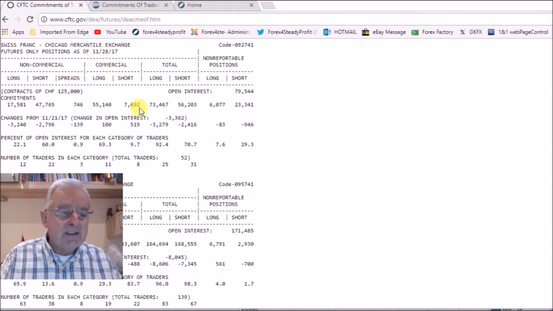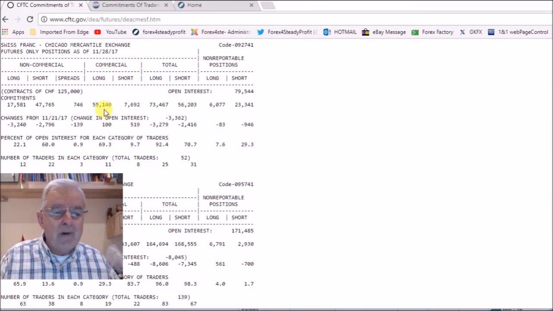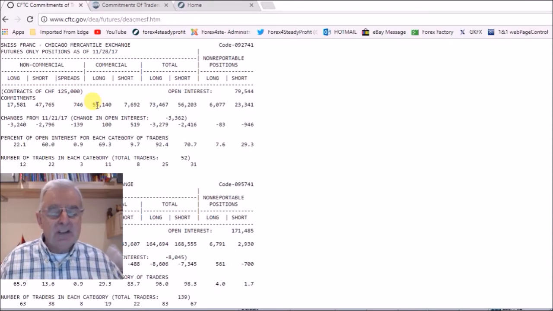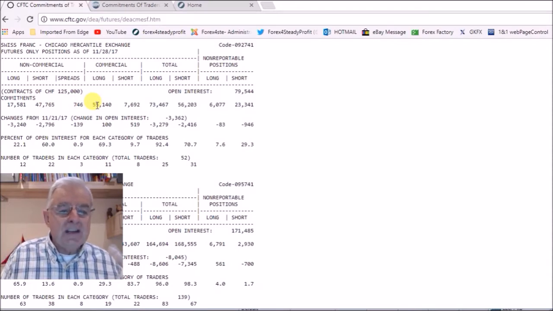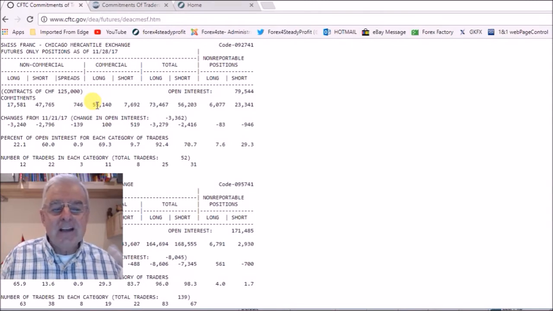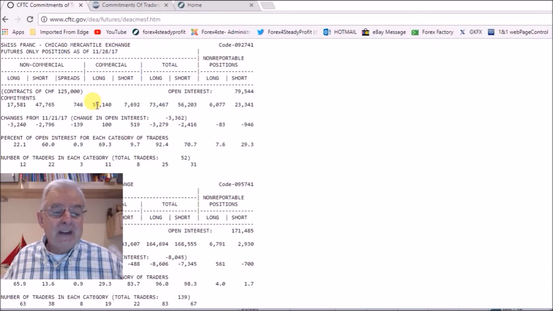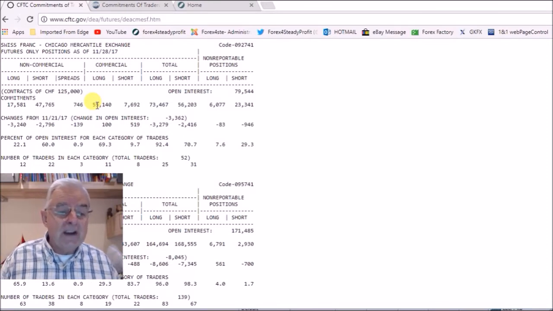And I look at their positions, and I also like to plot them on a graph against the non-commercials because I'm looking for a divergence between the two, where the commercials will be either heavily long or short, and the speculators will be exactly the opposite way round.